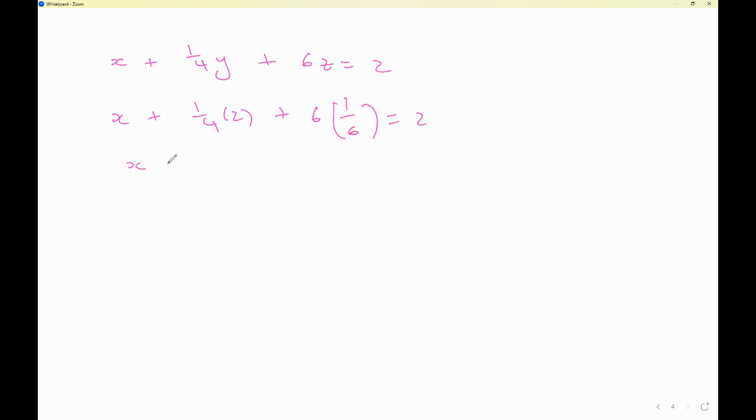And that'll become x plus a half plus 1 equals 2. X equals 2 minus 1 is 1, minus a half is a half. So from this, I've got x equals a half, y equals 2, and z equals 1 over 6.